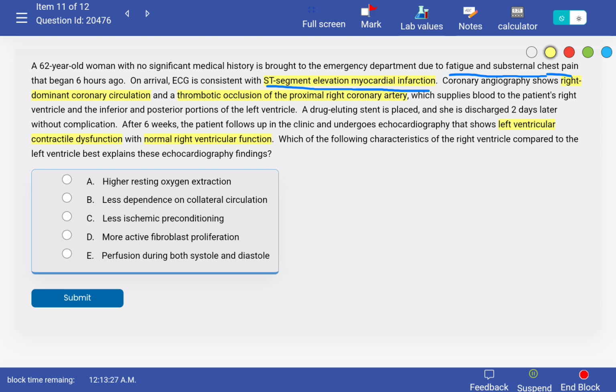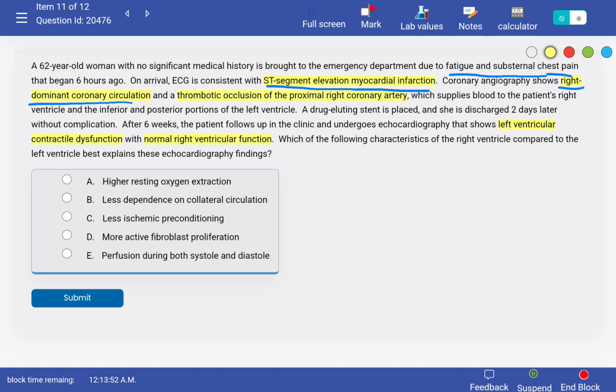Coronary angiography shows right dominant coronary circulation and a thrombotic occlusion of the proximal right coronary artery, which supplies blood to the patient's right ventricle and inferior and posterior portion of the left ventricle. A drug eluting stent is placed and she is discharged 2 days later without complication.